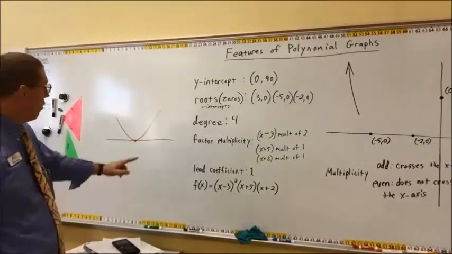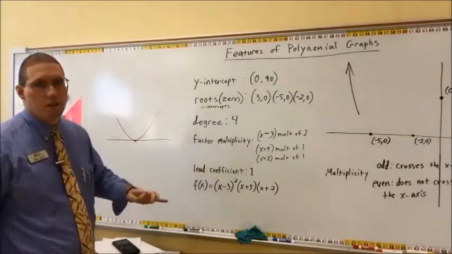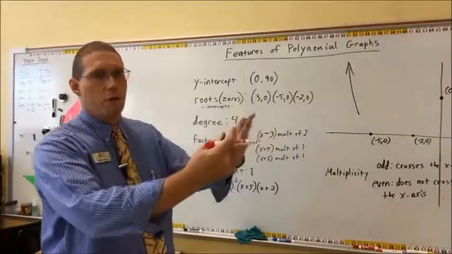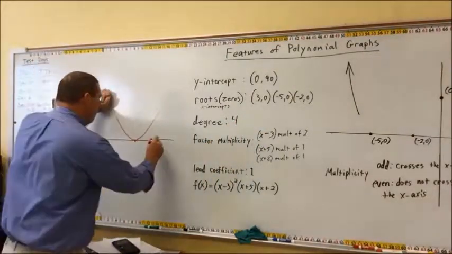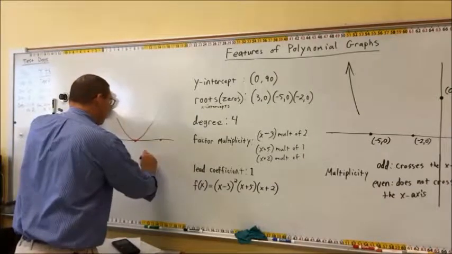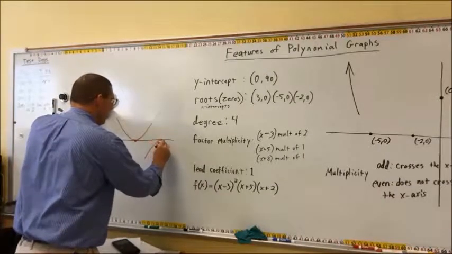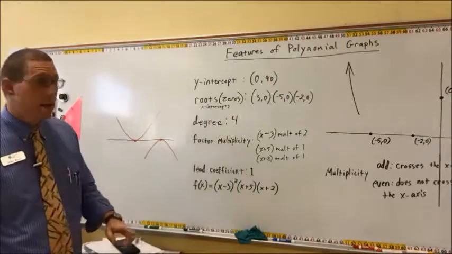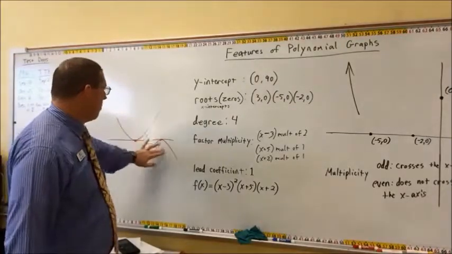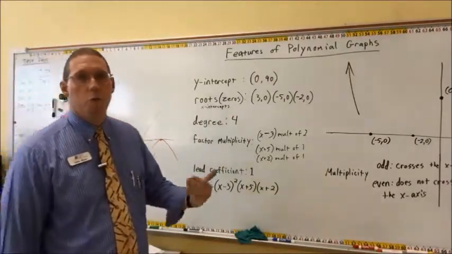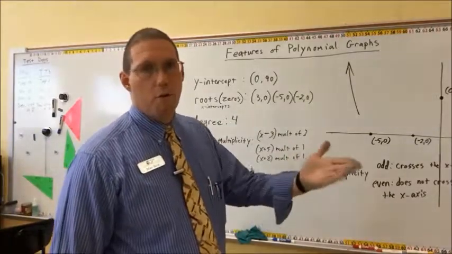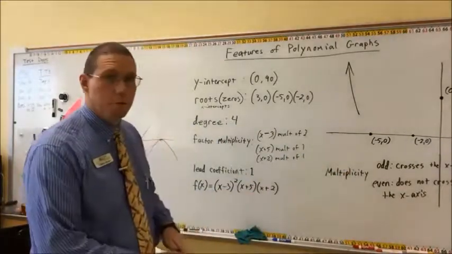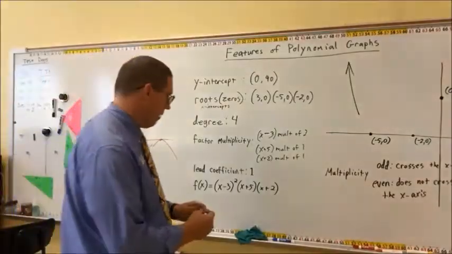It's not crossing over the x-axis. It's just barely touching the x-axis and then turning the other way. It can also do it from the bottom. It can approach the point, touch, and then turn back the other way. This is what happens when the multiplicity is 2 or 4 or 6 or 8 and so on, if the multiplicity is even. Okay?